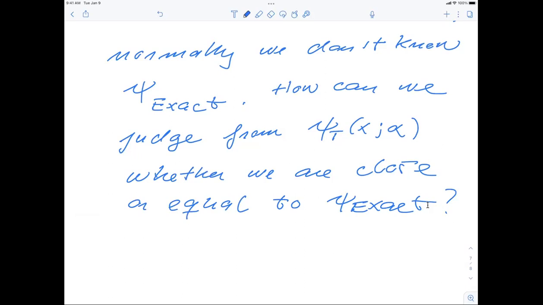As a question to you guys, feel free to unmute yourself. If I have the exact wave function, do you know of some quantities which give a result which is very simple and which we can use to say that now we have the exact wave function? There is an important statistical quantity. This is a kind of hint which I'm giving you. Any good suggestions? Feel free to suggest in the chat or unmute yourself if you want to.